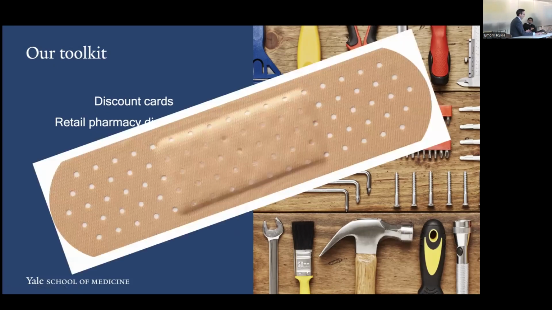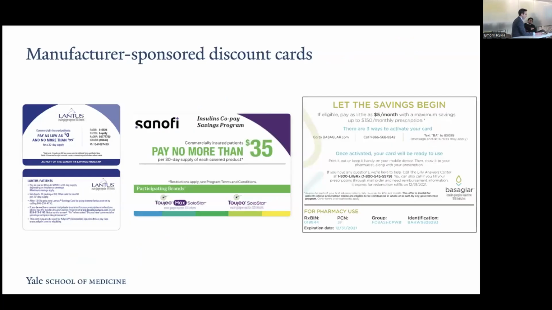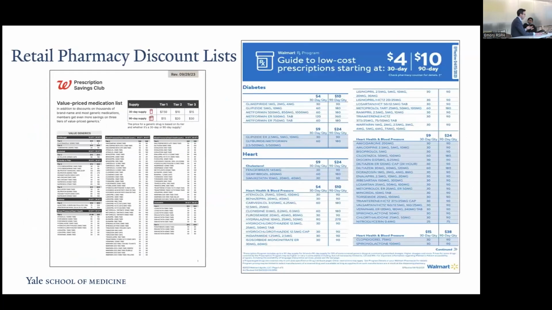All of this is a Band-Aid for a very broken system. But given the broken system, some of these tools become the lifeline, and it's important to know how to use and implement them well. I just flew through that list, but these are examples of discount cards that might come to a patient or a doctor offering discounts on medicines.